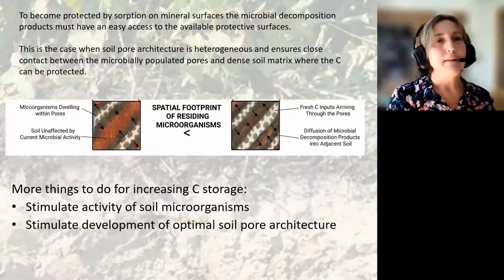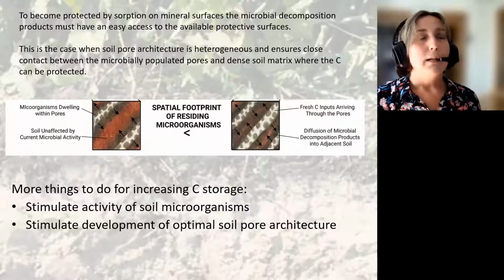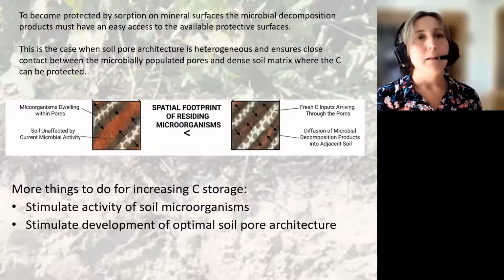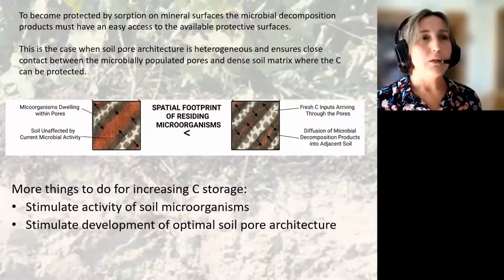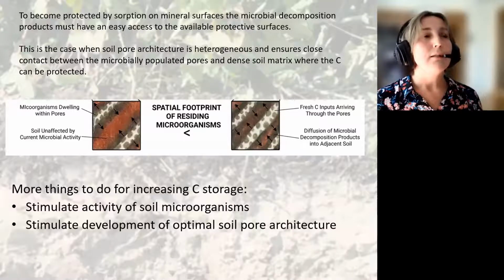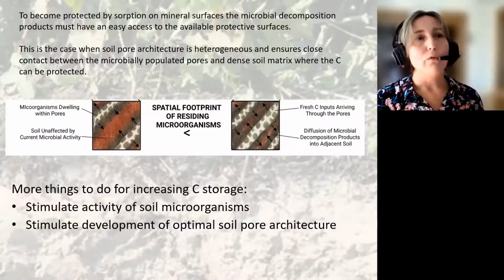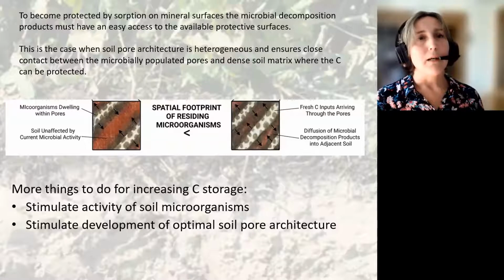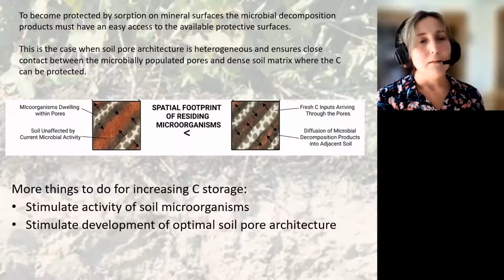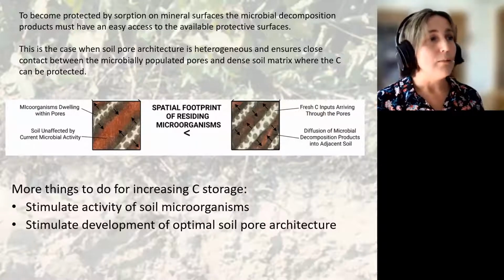So in the systems where that optimal prime real estate pores are in abundance, where they are evenly spread through the entire soil matrix, are the places where the microbial decomposition products will have the biggest access to the largest volume of those mineral surfaces of the soil matrix, to those clay particles, to those oxides, where they can be stuck and protected from further decomposition.